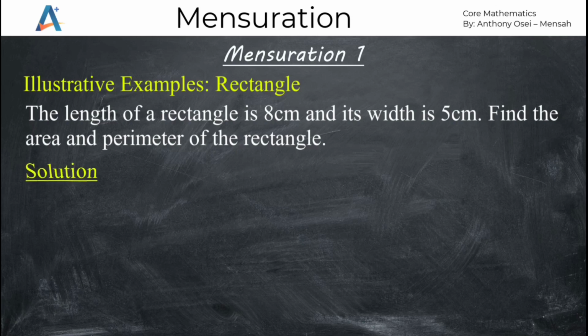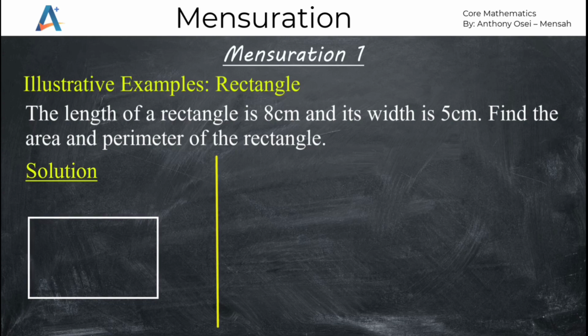Solution: if this is a rectangle, the length L is equal to 8 centimeters, and the width W has been given as 5 centimeters. Of course, the length is the longest side, so take note of that.